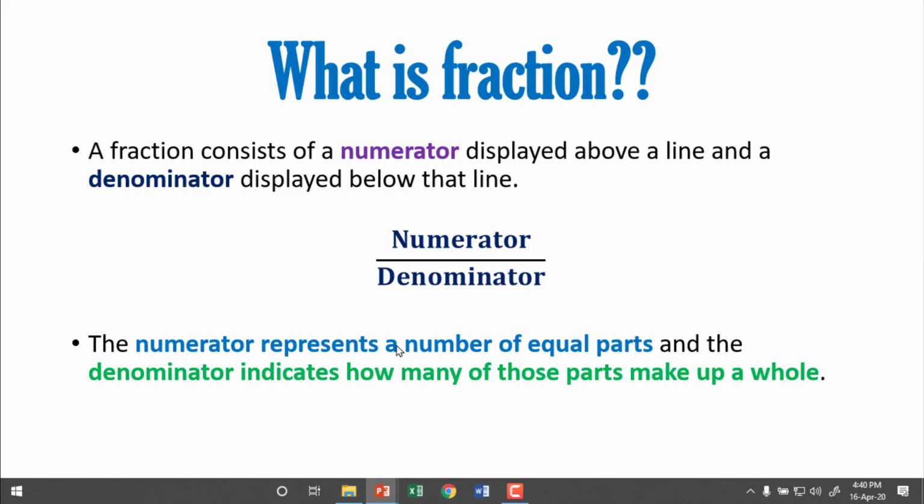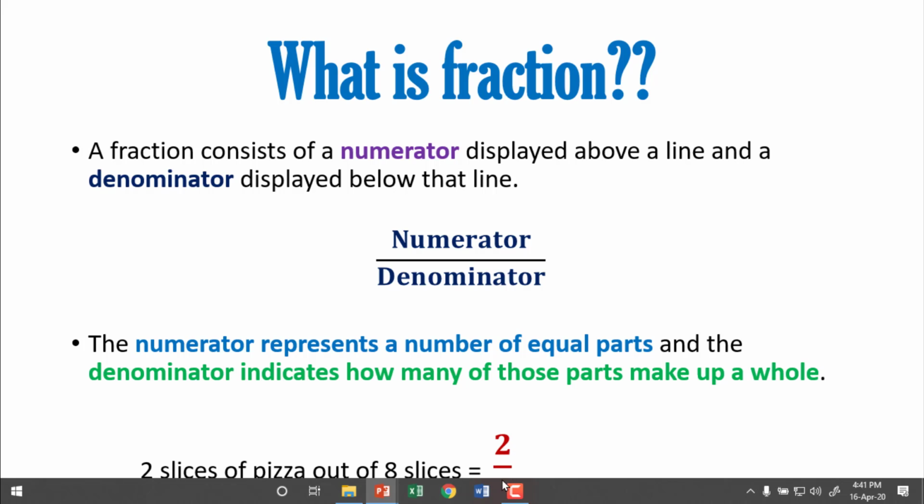The numerator represents a number of equal parts and the denominator indicates how many of those parts make up a whole.